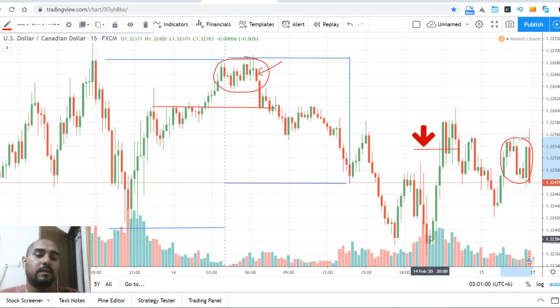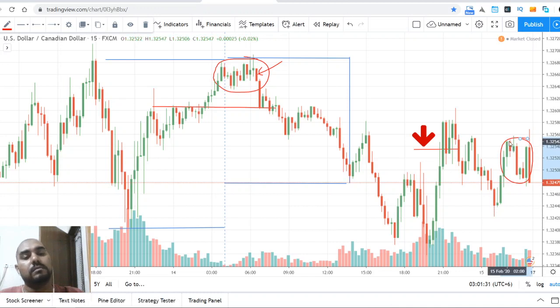Because you see, after this move, the buyers couldn't make a higher high. In fact, it came back down. Tried again, came back down hard. Tried again, no higher high, couldn't reach the high. Came back down. Tried again, was pushed down again.